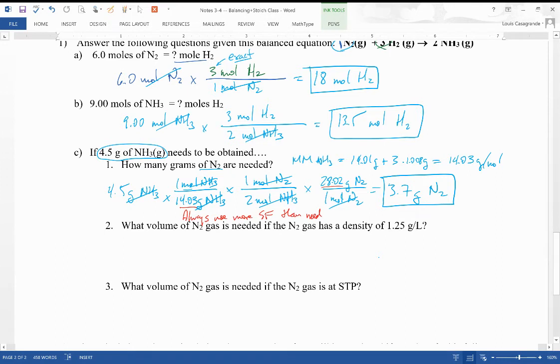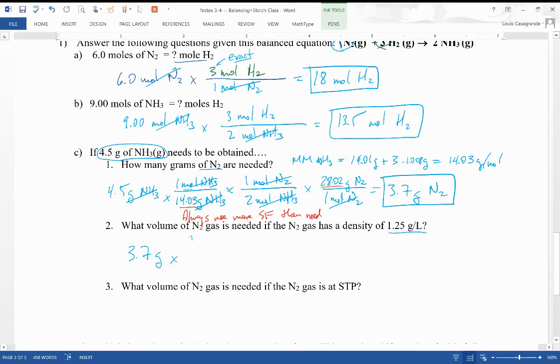Now, here's an example where I've given you the density of the nitrogen gas. So what volume of nitrogen gas is needed? We're going to take that same 3.7 grams. If we had gotten to this point, then we would just continue with the calculation. We want to know how many liters are needed.